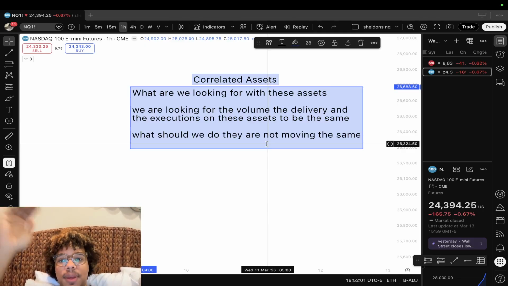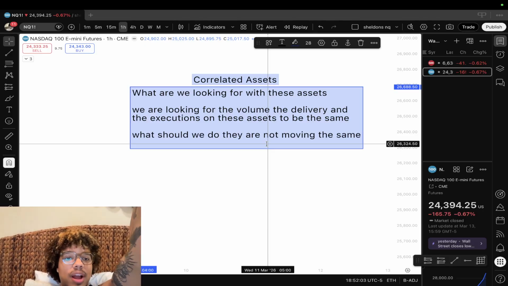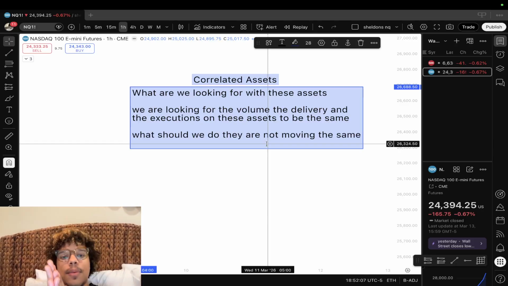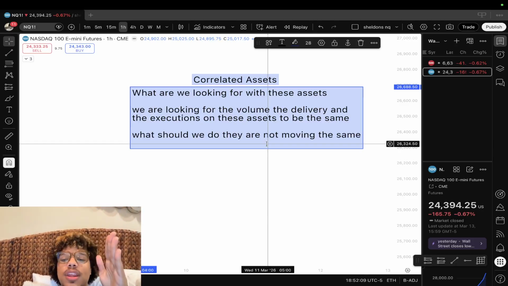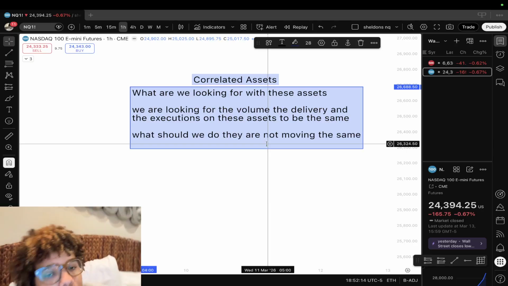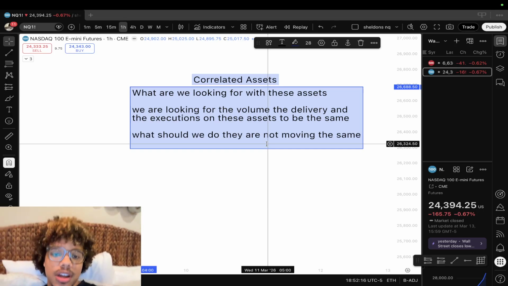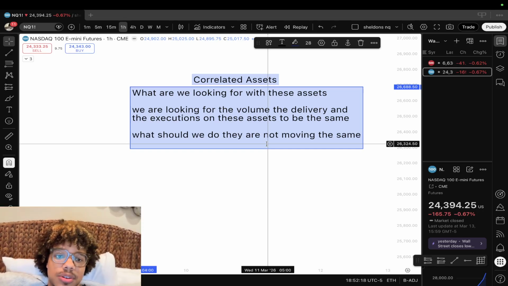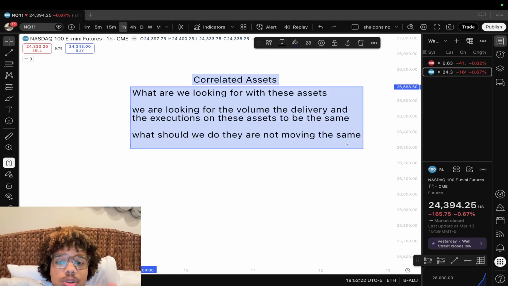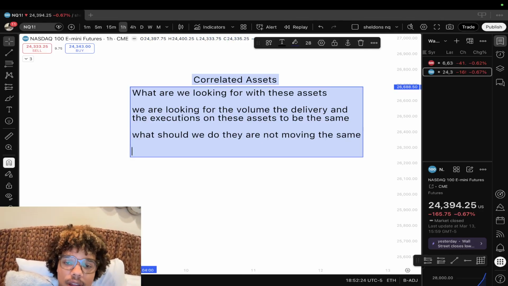So if we're trying to enter a short position and it corrects itself, boom, we get stopped out. We need to make sure they're moving the exact same way, towards the same draws and liquidity, in the same direction. We're going to talk about all sorts of different situations, but these two things need to be moving the same.